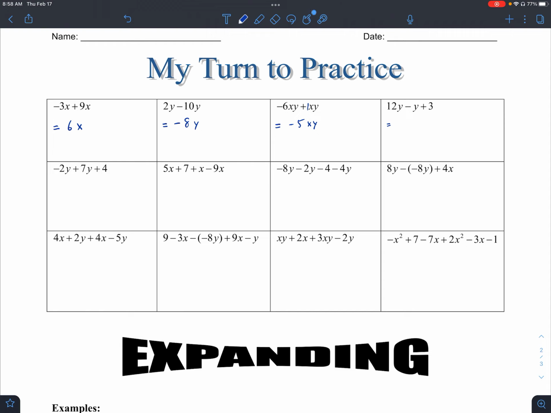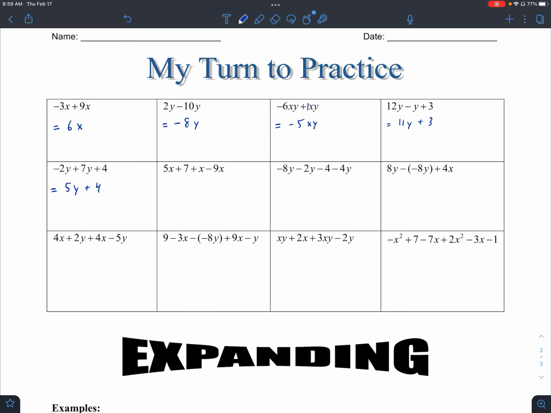Okay, the fourth one, 12y minus y is going to be 11y, and then plus 3. And that's it. You can't collect those two because 3 and 11y are not like terms. -2y plus 7y plus 4. So it's -2 plus 7 is 5. So 5y plus 4.